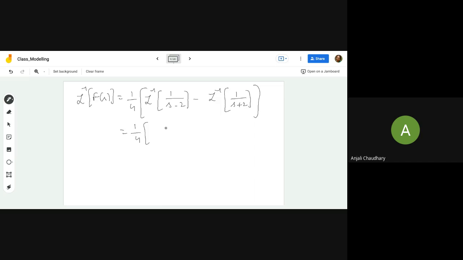E to the power 2t, into 1, minus. Similarly, what will be the inverse Laplace of 1 upon s plus 2? E to the power minus 2t. Now, isn't this term familiar? I can write it like this.